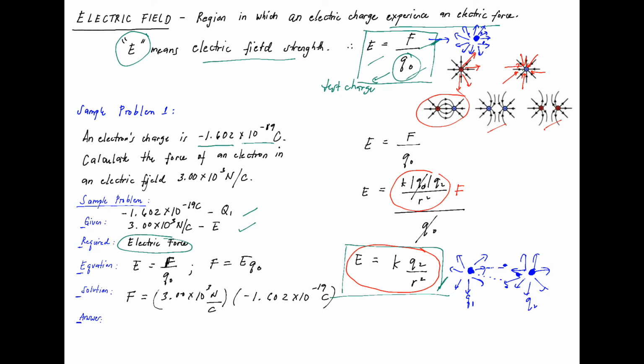Then we could simply cancel the units, and by pressing our calculator, the answer will be that the force is negative 4.81 times 10 raised to negative 19 Newton. We have to take note that if we imagine the strength of this force, it is a very, very weak force. And the negative here implies that the electric field and the force act in opposite directions.